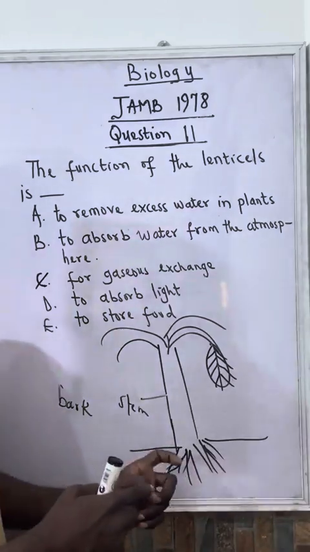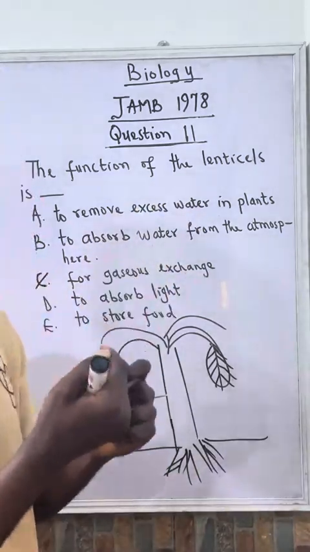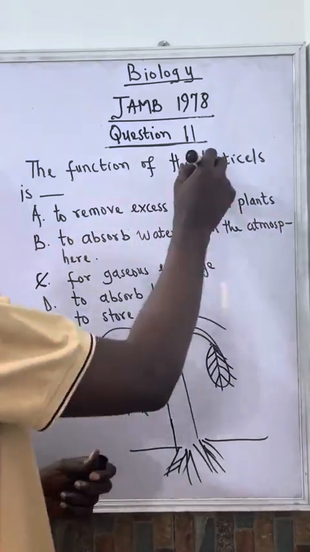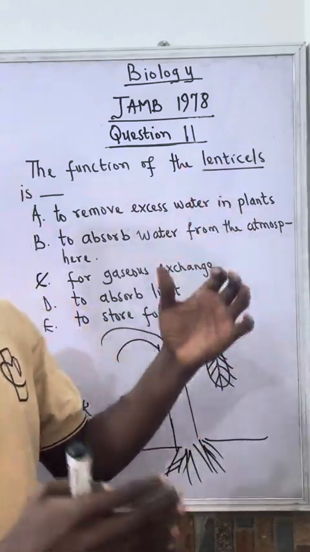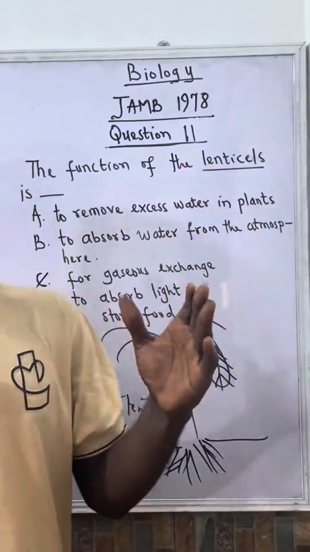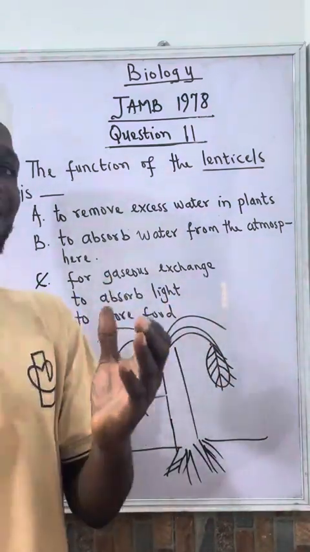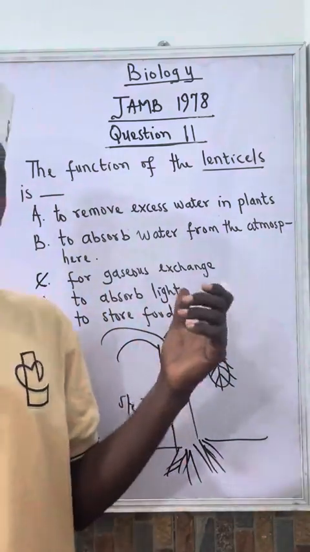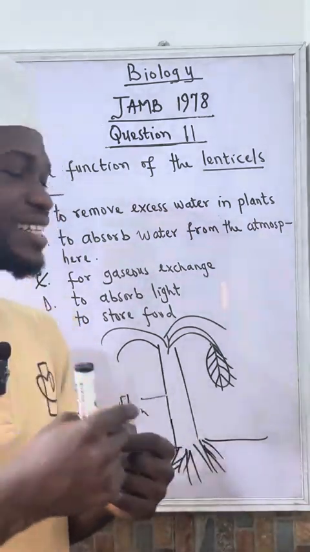Now, there are some tiny openings found in this bark, which are called lenticel cells. So that lenticel cell serves as a natural pathway for direct gaseous exchange between the external environment and the internal tissue.